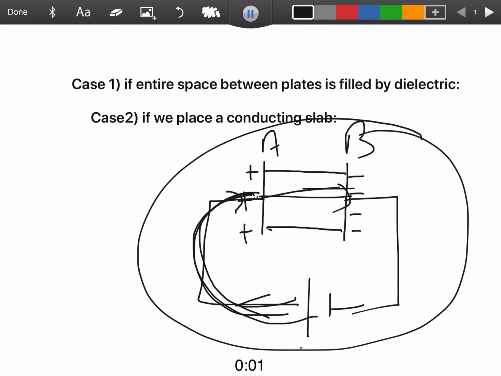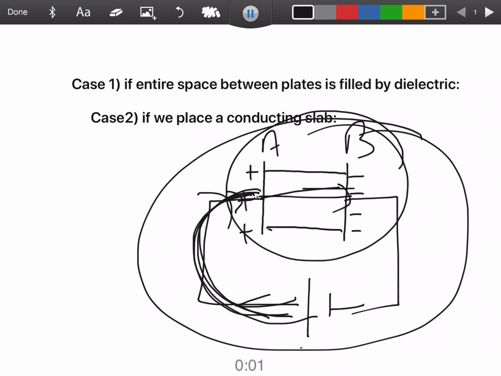So this does not mean that it has greater storing capacity. Although you can give infinite amount of positive charge to plate A, at the same time you must understand the charges are not getting stored. This entire circuit is just acting like a conducting wire.